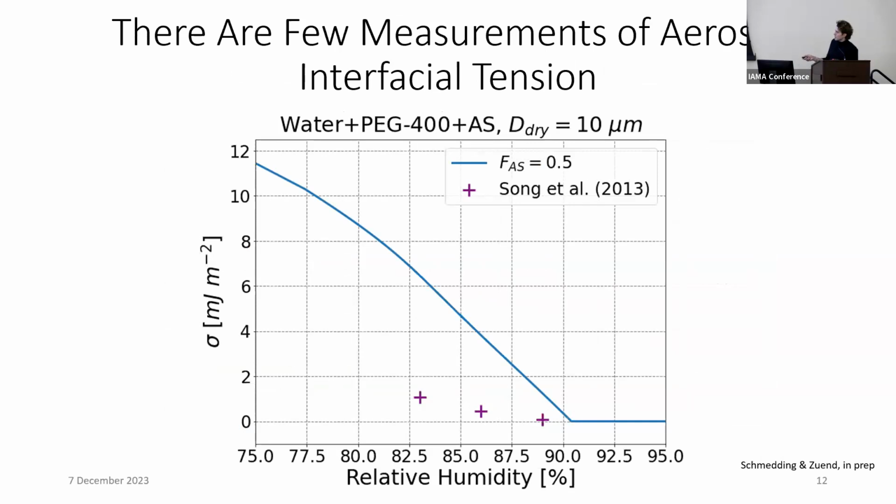And then these are their 3 interfacial tension values, which we can see is still overestimating the interfacial tension in this water PEG particle. But so far, this is the best of the options that we have at the moment. And it's simpler. So it's been good in that sense. But ideally, we would like these points to match up with this curve a little bit better.